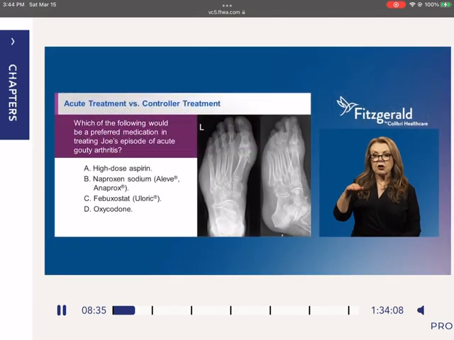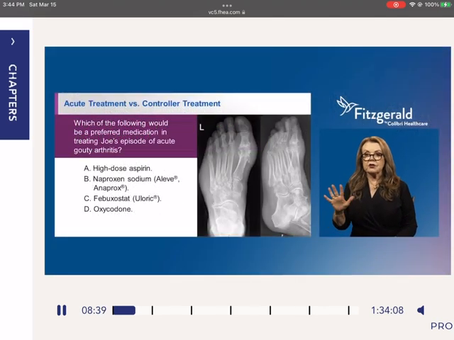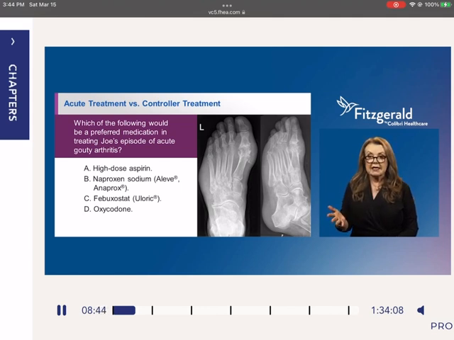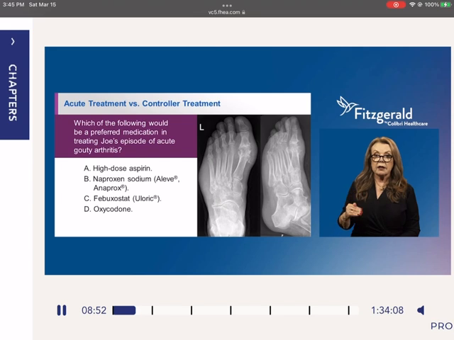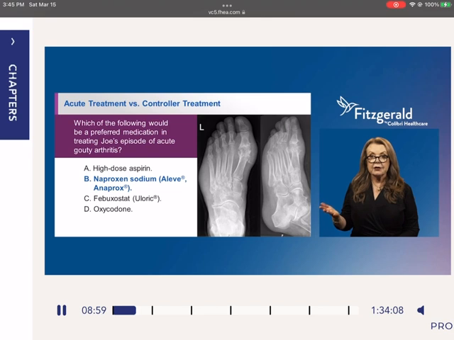So let's take a look at D, oxycodone. Well, we try to avoid the use of opioids for acute painful conditions, though sometimes it is necessary. Looking at option C, Uloric, that's a med to prevent gout, not treat it acutely. The best answer here is naproxen sodium, high-dose NSAID use.